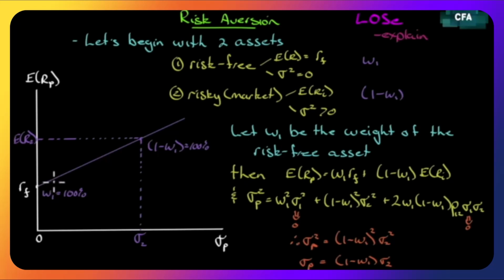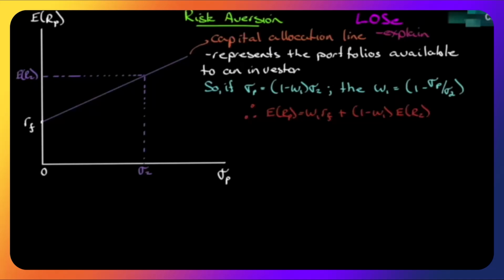Well, this line has a name. Let's see what it's called. The name of this line is the capital allocation line, because we can allocate capital to these two assets anywhere along this line. It represents the portfolios available to an investor.